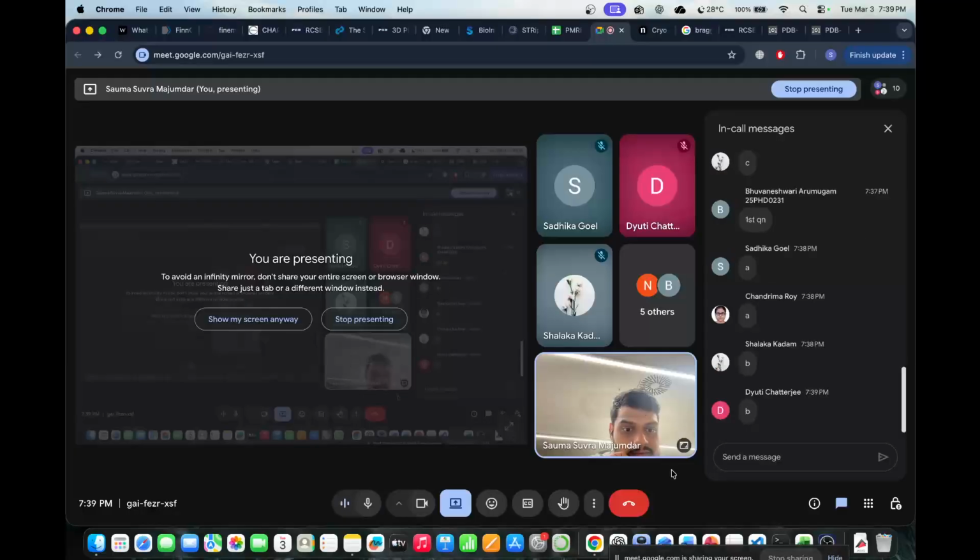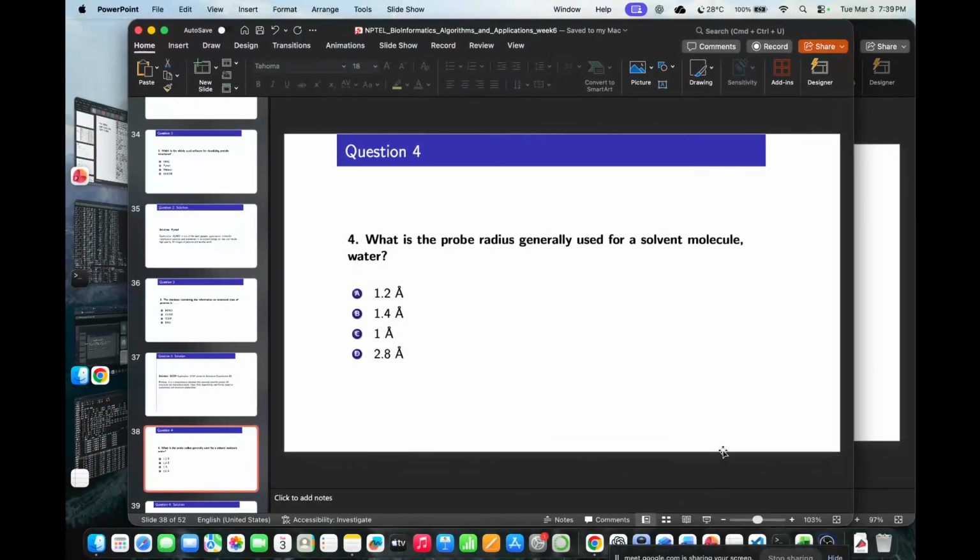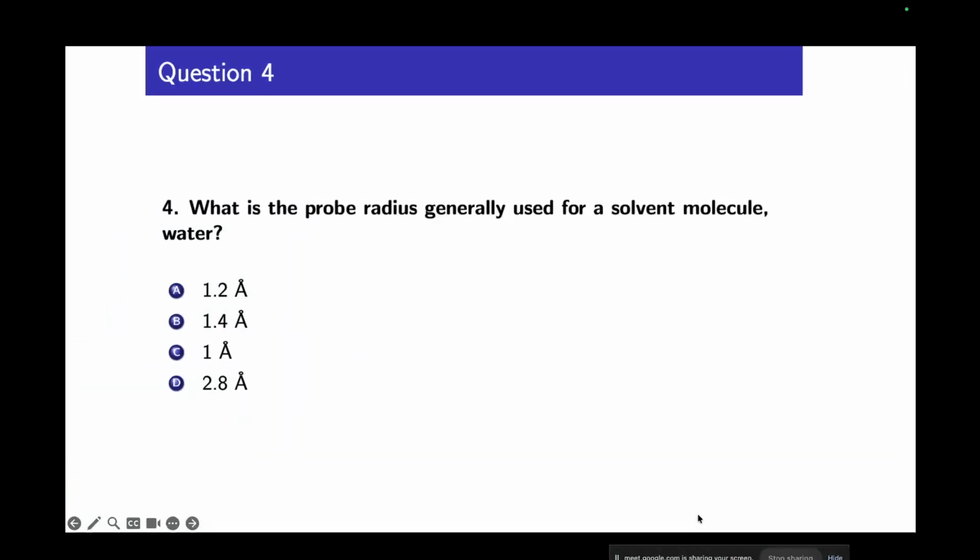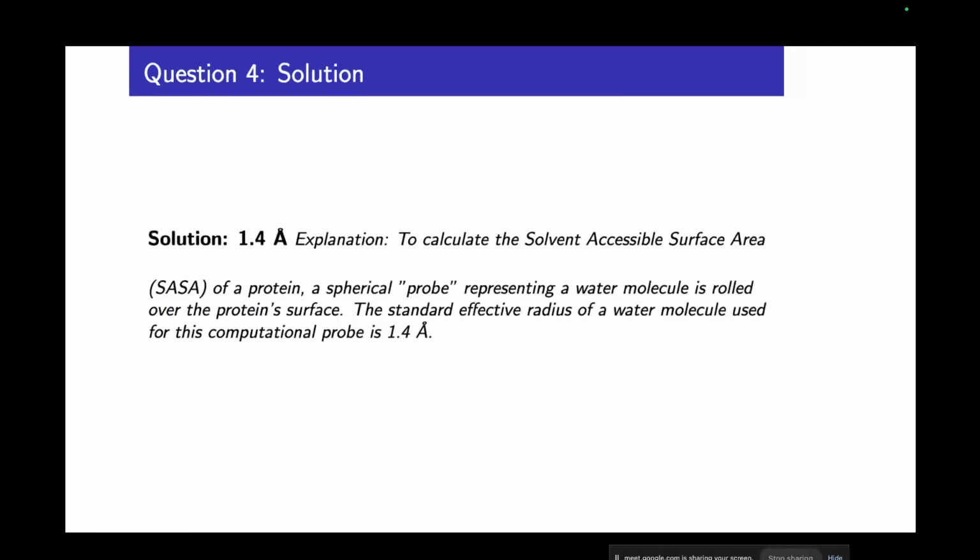Yeah, I see a couple of B's in A. The answer is that of a water molecule, which is 1.4 angstrom, not 1.2. So for SA, they generally use the probe radius of a water molecule, which is the solvent, 1.4 angstrom. So not 1.2, it is going to be 1.4.